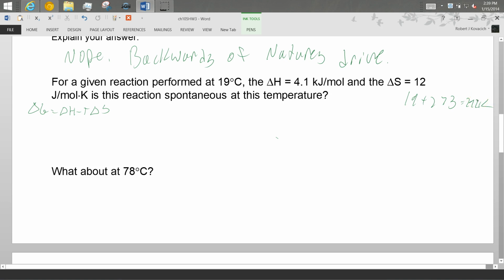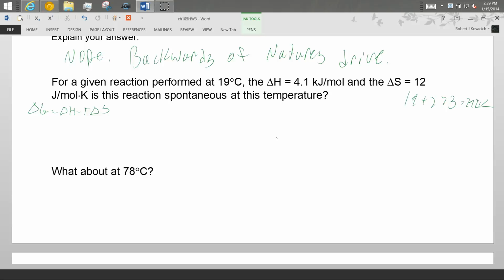Okay. Anything else? What's the other piece? The delta H is in units of what? Kilojoules per mole.